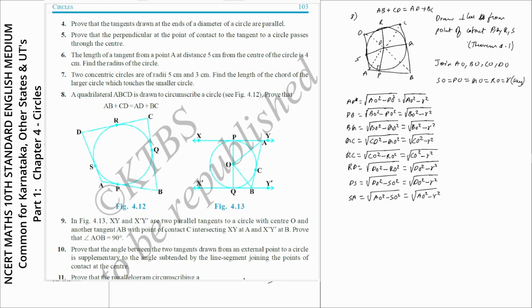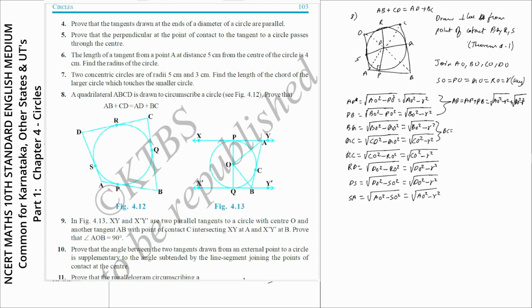Now from these two I'll get AB. AB is equal to AP plus PB. So AP is square root of AO square minus R square plus PB is equal to square root of BO square minus R square. Similarly, from these two I will get BC.